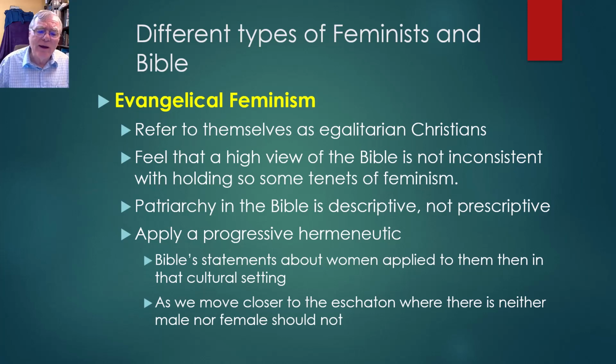And so, as we move closer to the end of the age, to the eschaton, where there will be neither male nor female, as we move closer to that, then egalitarian relationships between men and women should come ever closer and closer to reality. That's evangelical feminism and their progressive hermeneutic.